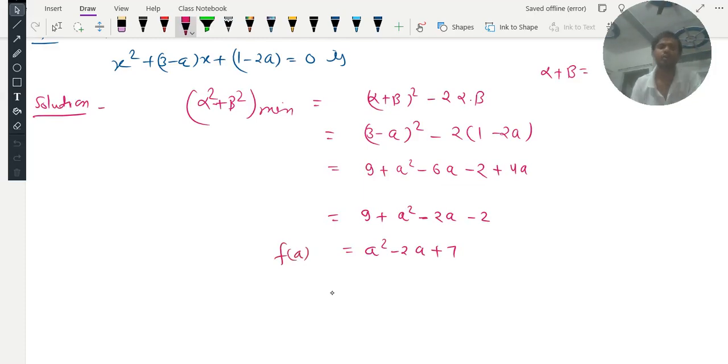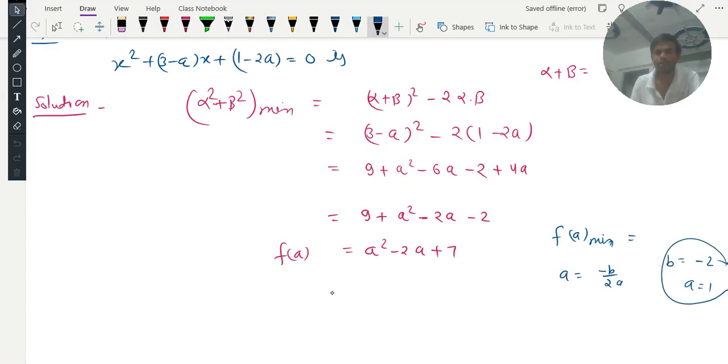So we have to find the minimum value of f of a. F of a will be minimum when the value of a is equal to minus b upon 2a. What is the value of b? Minus b is equal to minus 2, so b is equal to minus 2, and the value of a is equal to 1 if we are comparing.